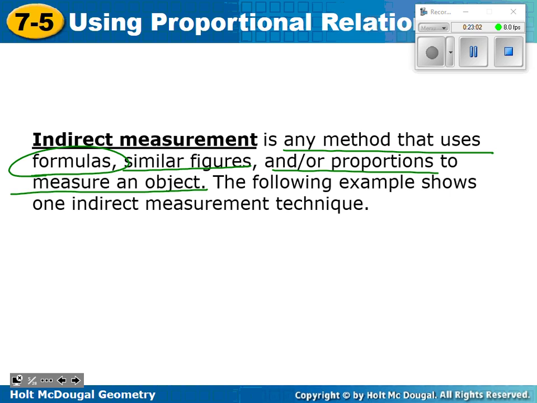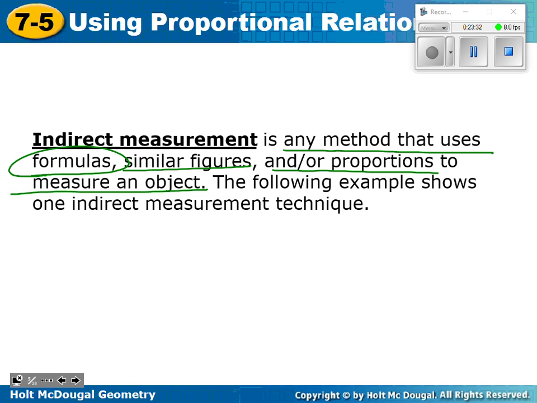So I can measure the ground, I just can't measure high up in the air. So I could get the distance of the flagpole shadow, I could get my shadow, maybe with some help, because if I try to walk to the end of my shadow, what's happening? It's moving. So I'd have to be really good at my tape measure, or I'd have to get someone to help me. But I could measure my shadow, and I know my height, so then I could figure out the height of the flagpole by writing a proportion.